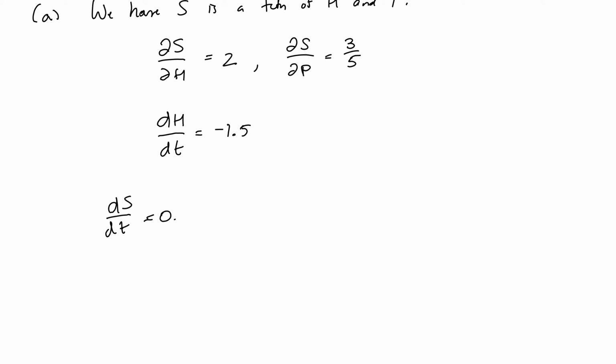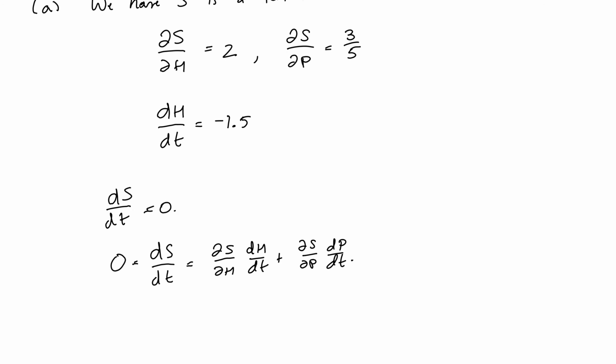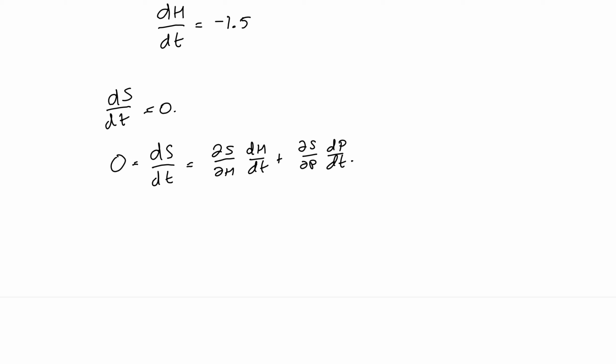So if we use the chain rule, dS/dt, which is equal to 0, is ∂S/∂H dH/dt plus ∂S/∂P dP/dt. Now we're interested in finding dP/dt, so we'll solve this equation for dP/dt.